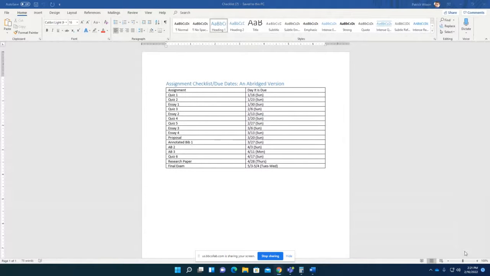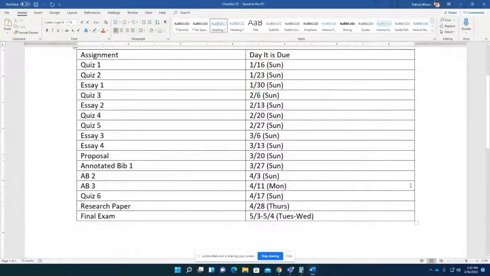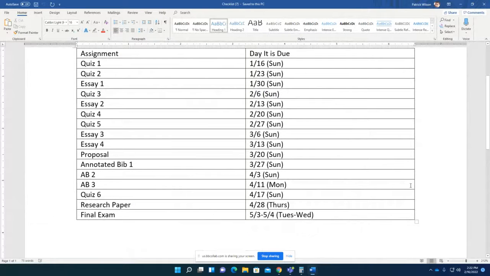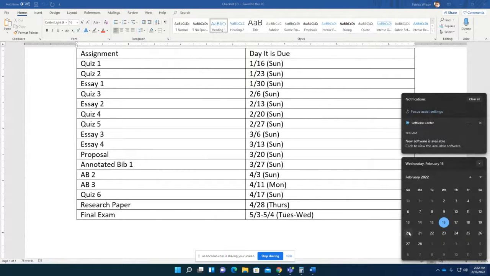So if you look, here's our checklist. I also have the reading list to sort of go from week to week. So quiz 4 is due this Sunday. Quiz 5 will be due on the 27th. So if you look, 20th, quiz 4, quiz 5 the 27th. Essay 3 is due on the 6th.